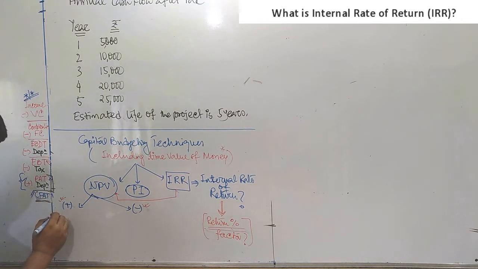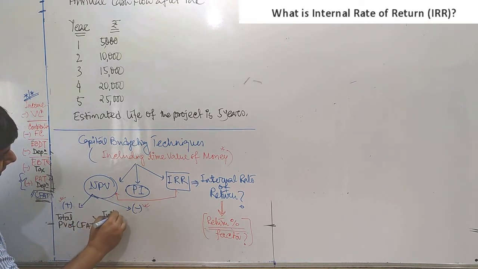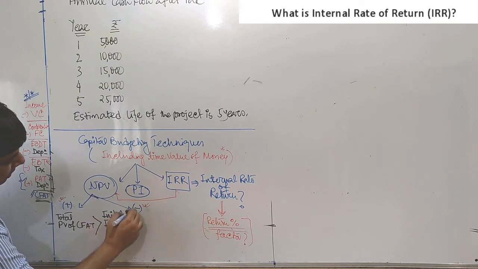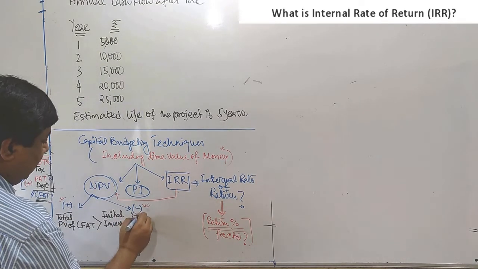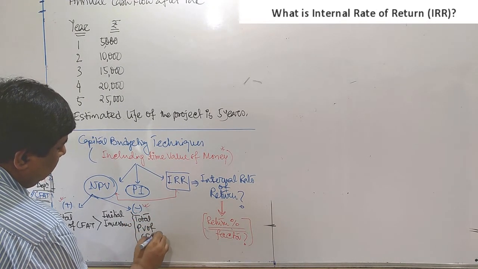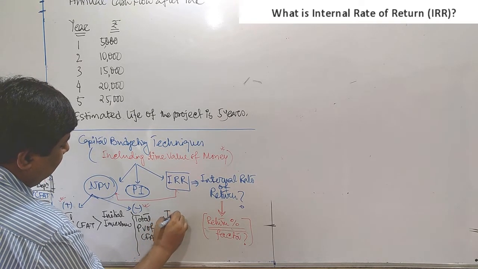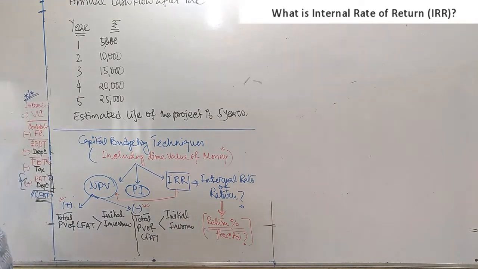In case of positive results, the implication is that total PV of CFAT must be greater than initial investment. Whereas in case of negative results, the impact is just opposite, where total PV of CFAT is less than initial investment.